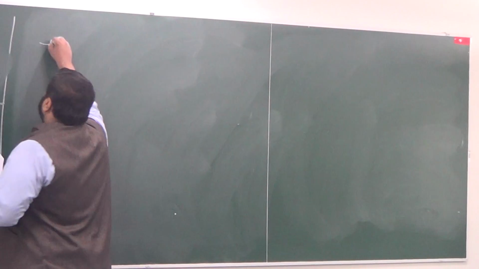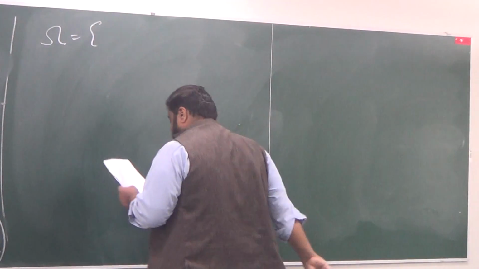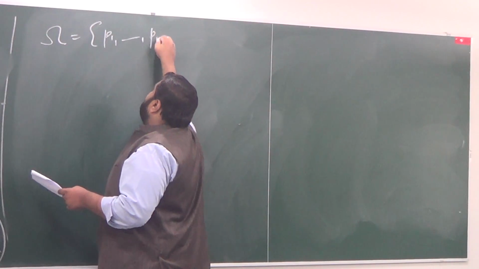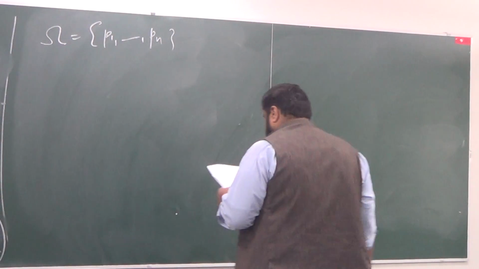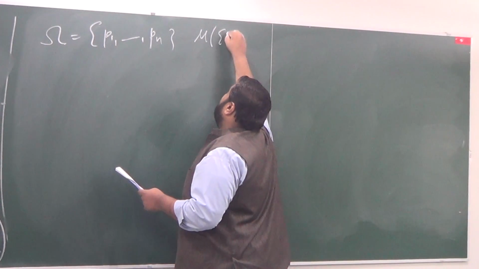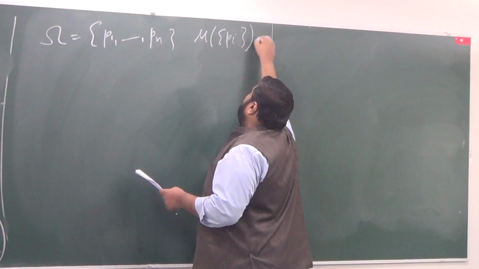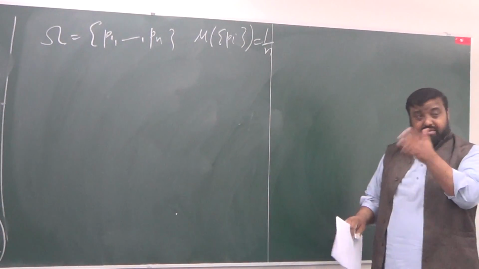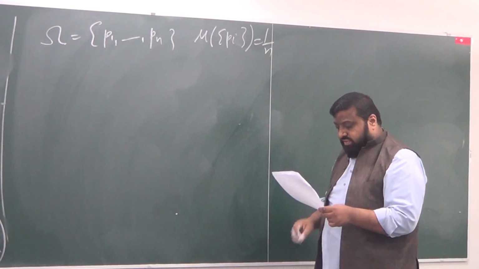Quickly, take omega to be a finite set, and assign each of these points probability 1 over n. And the mu of omega is 1.